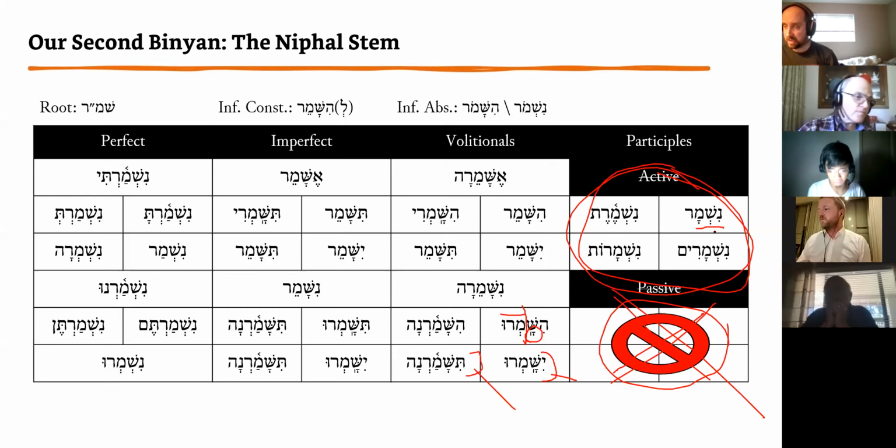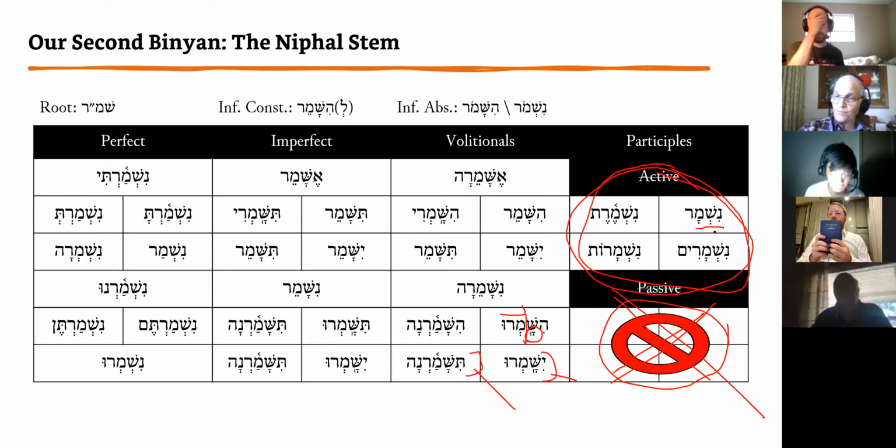If somebody took all of my books, chas v'shalom, you don't want anyone to take all your books, and the only book left is, let's say, the Oxford Book of Greek Verse, the only book left on my shelf, I would say, ze ha-sefer ha-yachid shenish'ar, that is left.